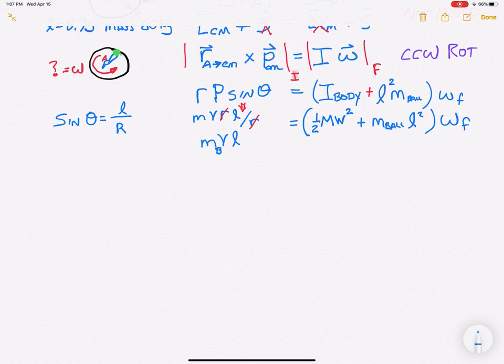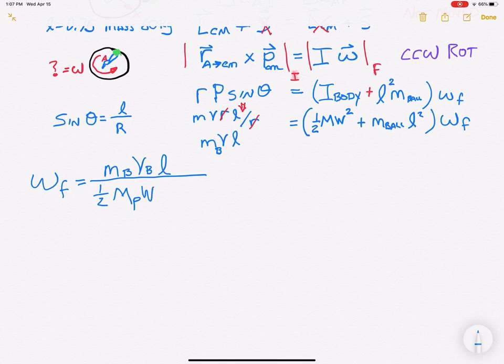So omega final is equal to mass of the ball, velocity of the ball, the length of the arm, divided by 1/2 the mass of the person, the width of the person squared, well, kind of the half width, plus the mass of the ball, L squared.